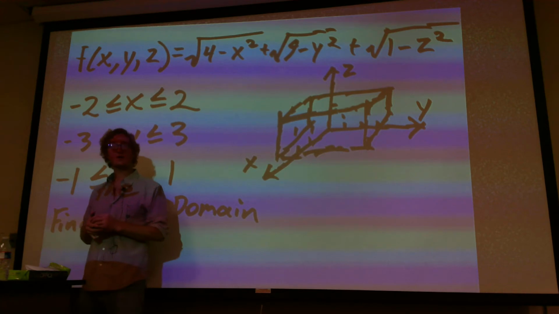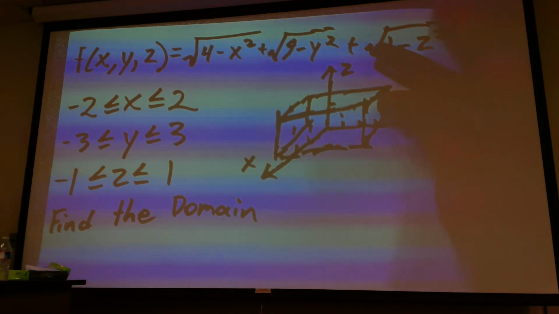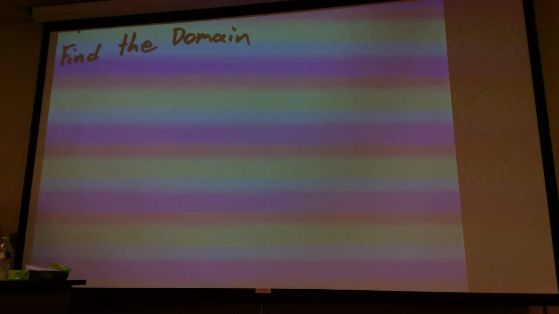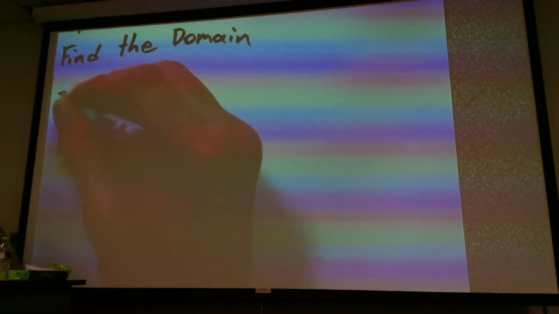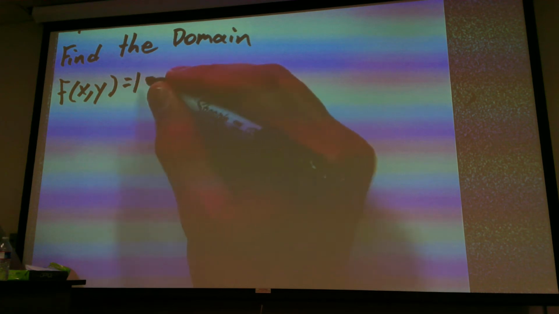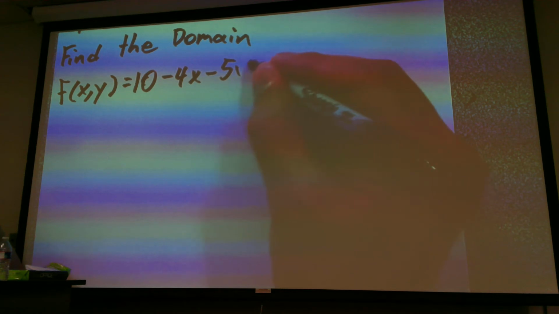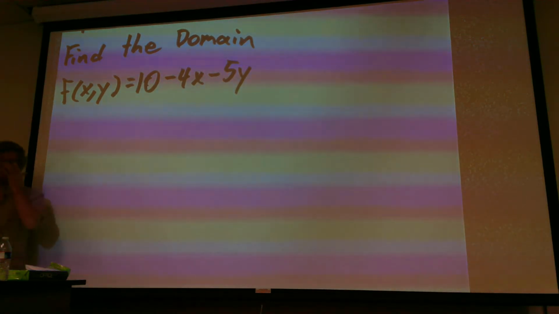Okay. Now let's try to graph one of these functions. So instead of just finding the domain, let's look at what it actually is. So let's say we had f of x, y equal to 10 minus 4x minus 5y. And we're going to try to graph this thing. So now, what is this going to correspond to?